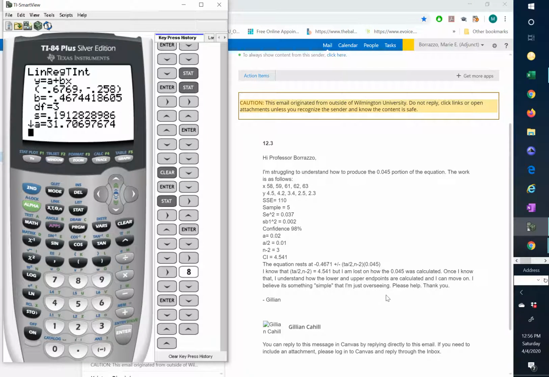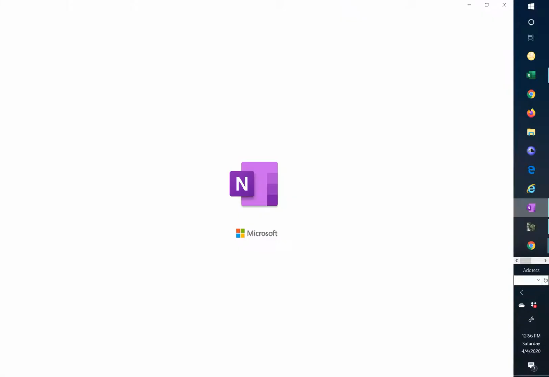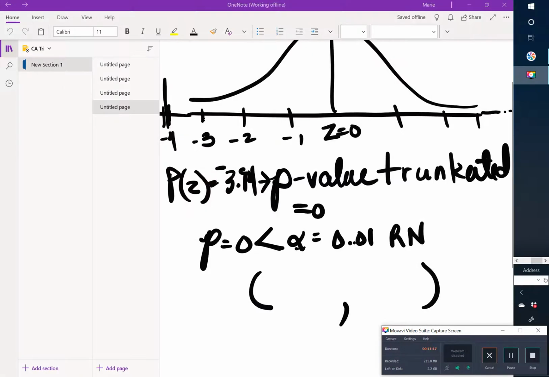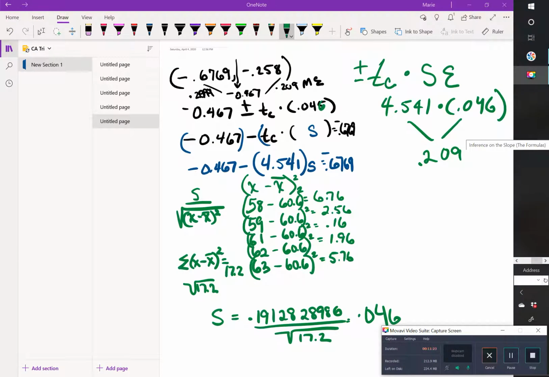Alright, so let's look at it this way. To get more specific, let me go back and look at this from the perspective of how you actually calculate the standard error.